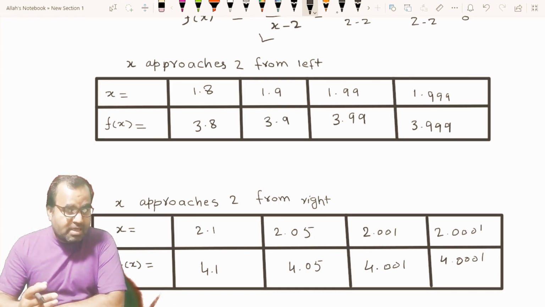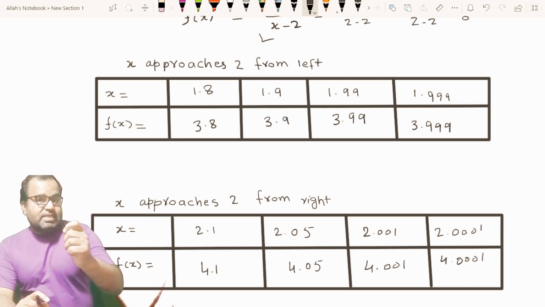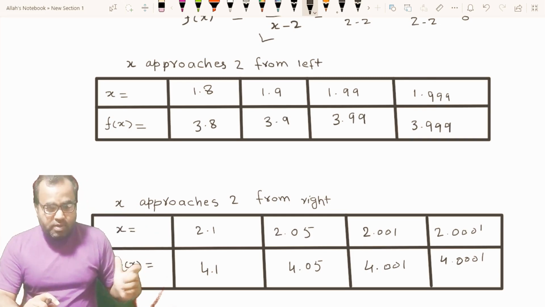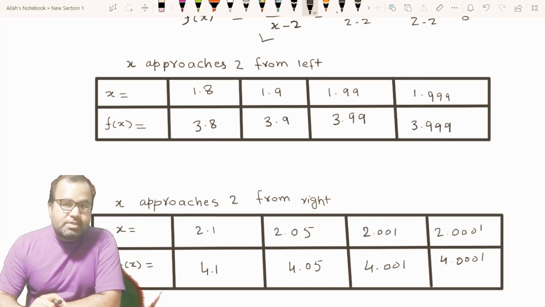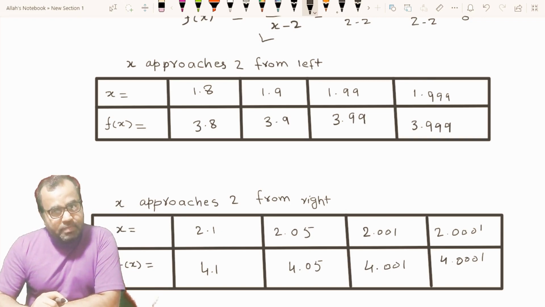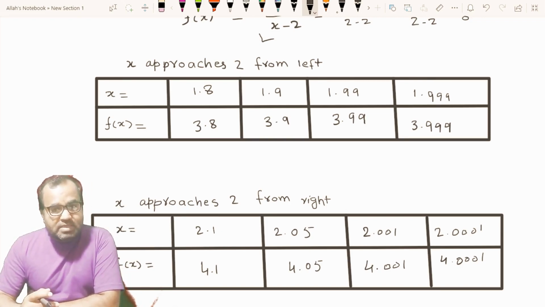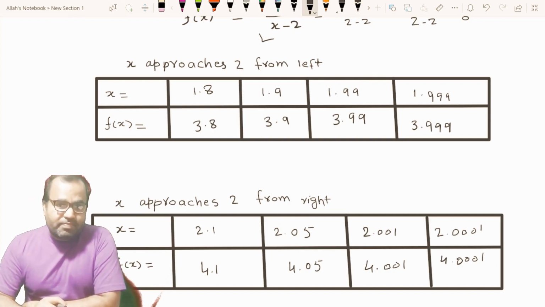As we move closer to 2, our answer gets closer to 4. And 2.001 means we are even closer to 2, and our answer is 4.001, which means we are closer to 4.